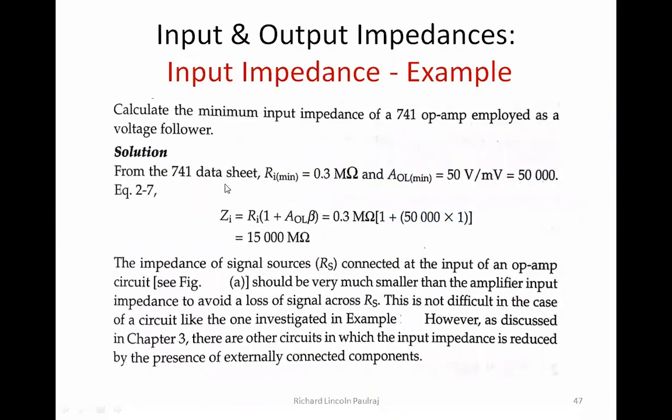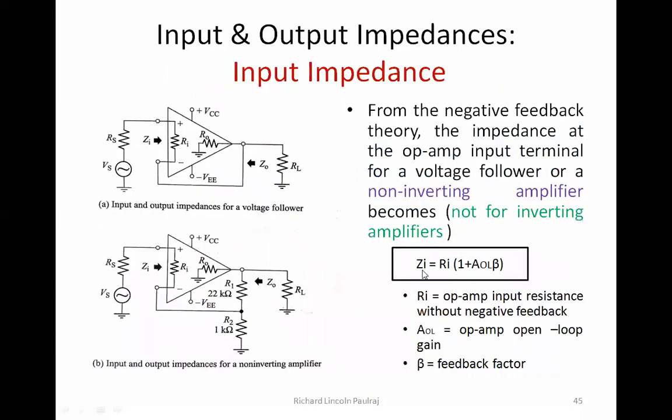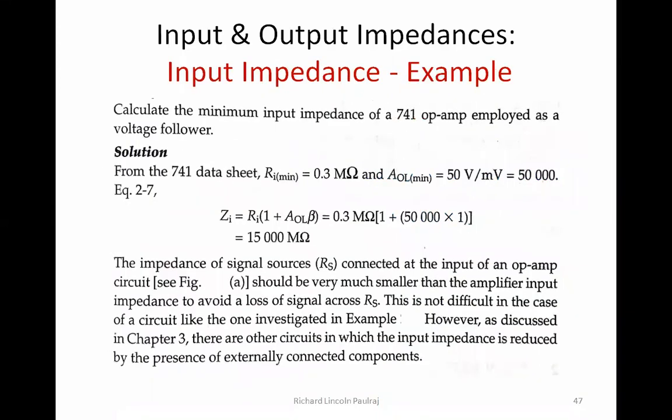Fine. So we again refer back to the data sheet and we see that the input resistance is about 0.3 mega ohms. Now remember, as I always mention, first you should always put the formula, then one by one you can start filling in the values. Since it's not given in the question, you'll have to refer to the data sheet, and you get to know that your input resistance is about 0.3 mega ohms.